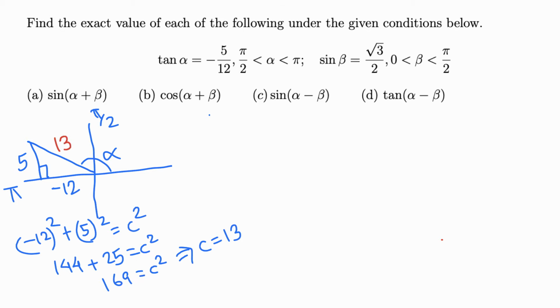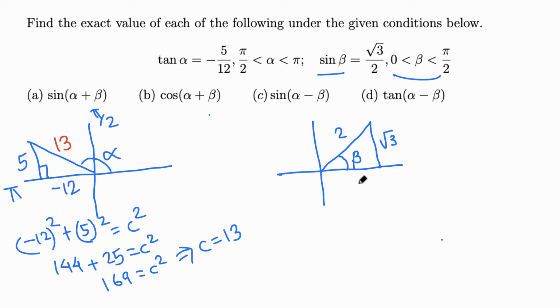Now we need to do the same thing for this beta angle, which is in the first quadrant, kind of easier. We know that sine is opposite over hypotenuse, so √3/2. It does not have to be exact. This angle is beta, so the opposite is √3 and the hypotenuse is 2.